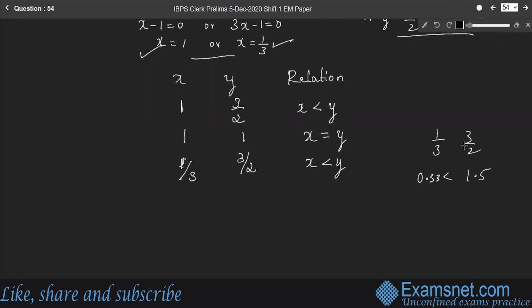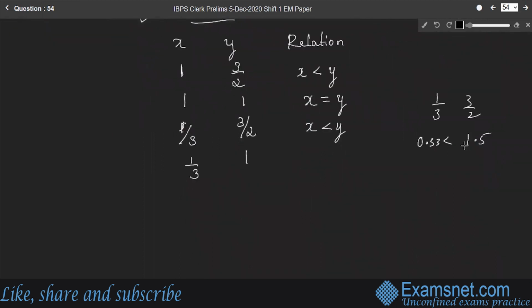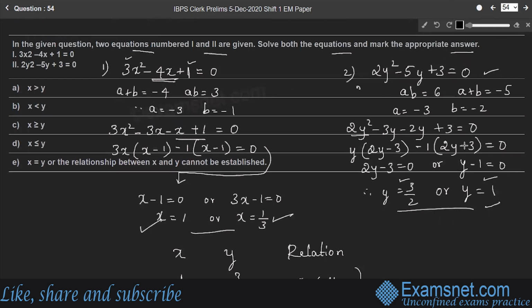Again, if x is 1 by 3 and the next value of y is 1, then 1 by 3 is less than 1. Therefore, x is less than y. So combining all four, we can say x is less than or equal to y. Therefore, coming to the options, option D, x is less than or equal to y.